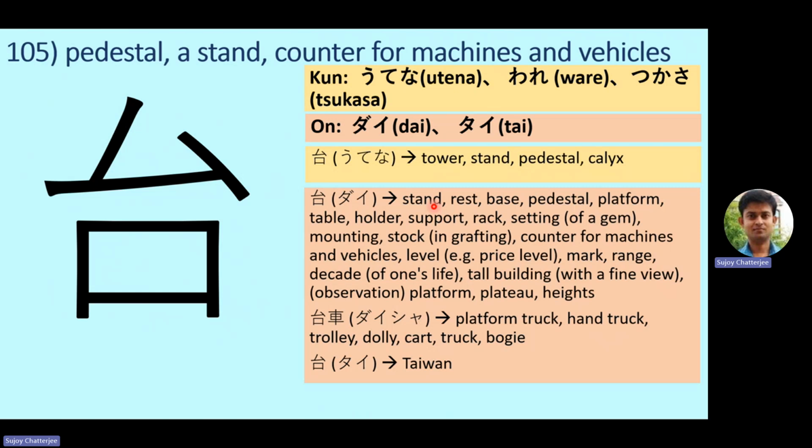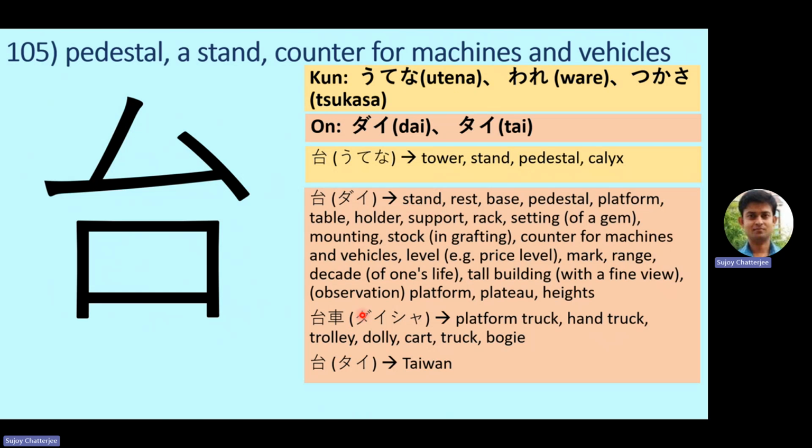So any of these meanings can be conveyed using this character along with some other kanji or some other hiragana characters. So in combination with other characters, several meanings can be conveyed.